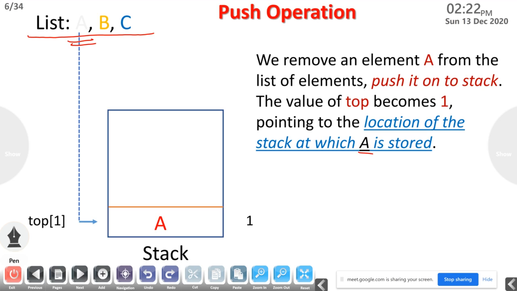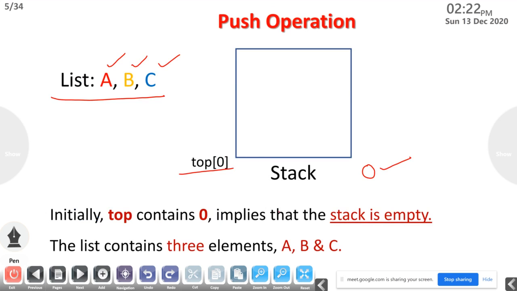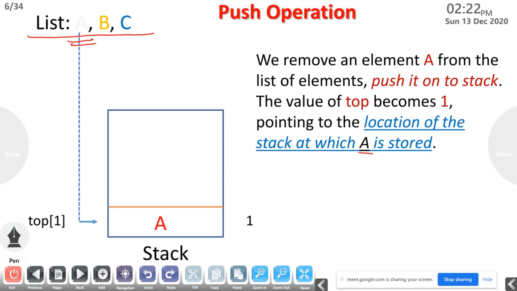So what is the value of top? That is the place where the new element will be stored. Top 0 means what? 0 means nothing is inside the stack. When we are inserting or pushing an element, what is the first thing that we want to do?